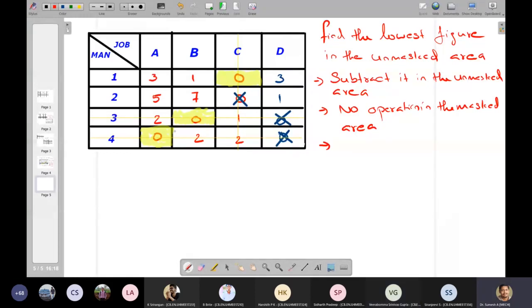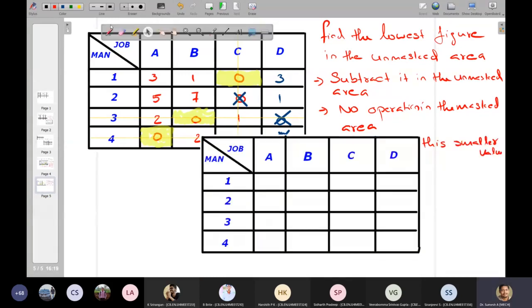Wherever the horizontal and vertical line meet, we can call that a junction. In the junction, add this smaller value. Now, one minute, let me take a new table.